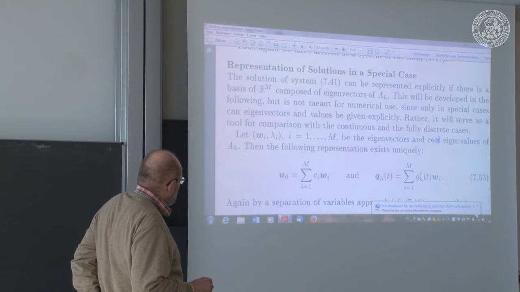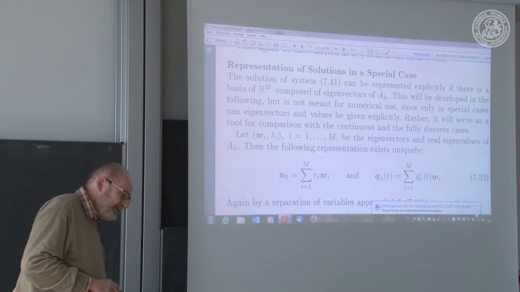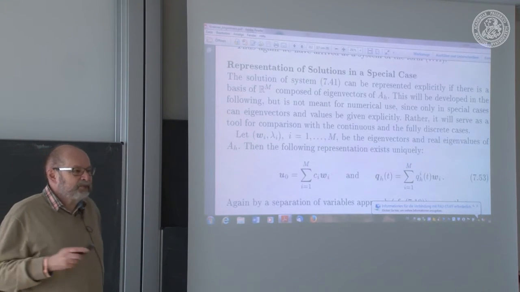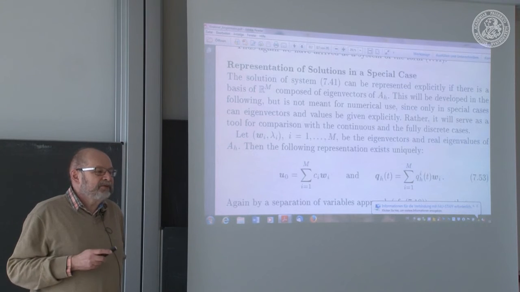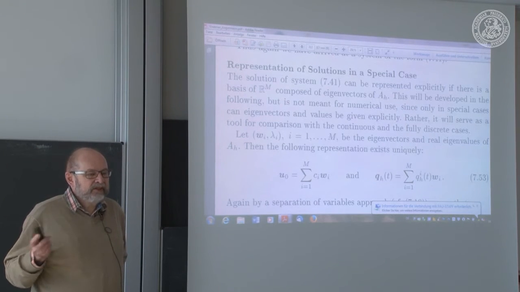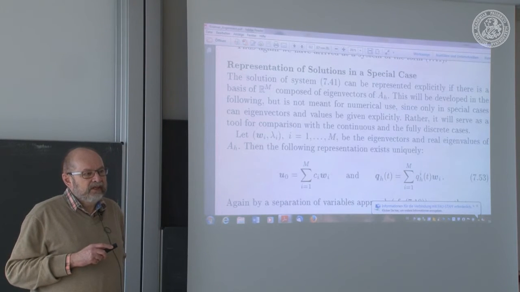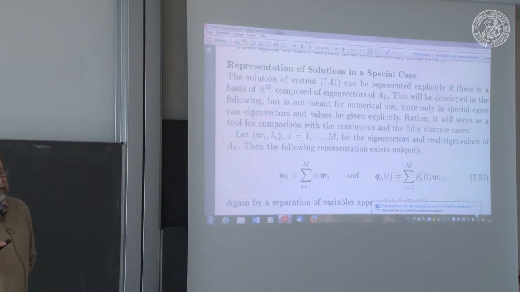I'm not really sure whether we need this, but as we know, we have a continuous problem which has real eigenvalues, even in general positive or non-negative eigenvalues. It would be a little bit strange to have non-real eigenvalues. What would that mean for the solution?